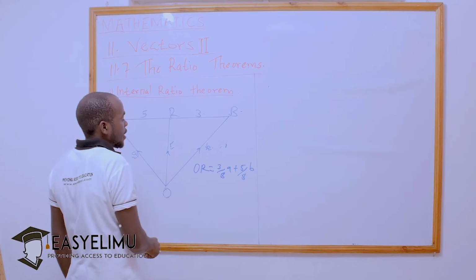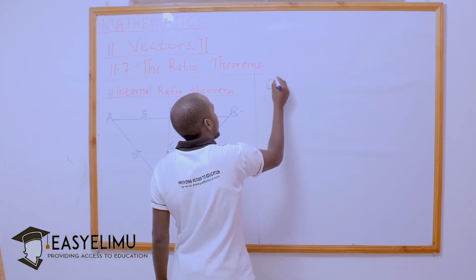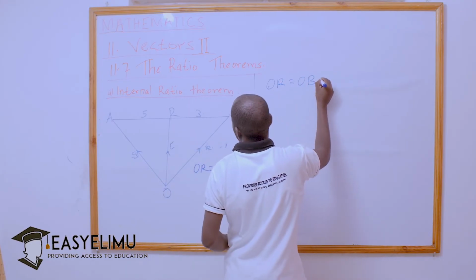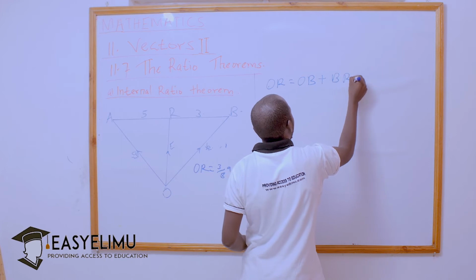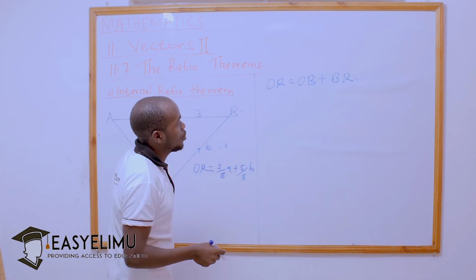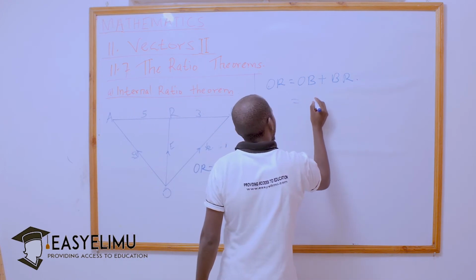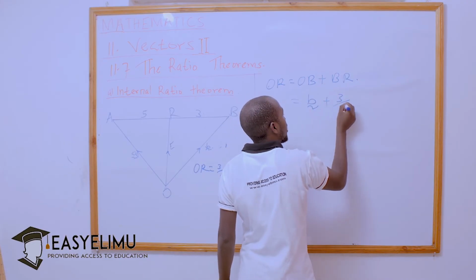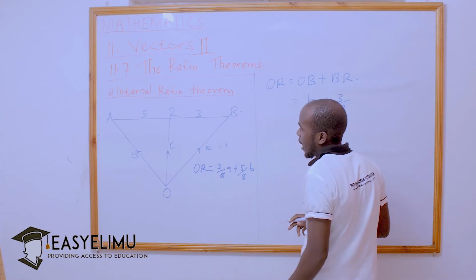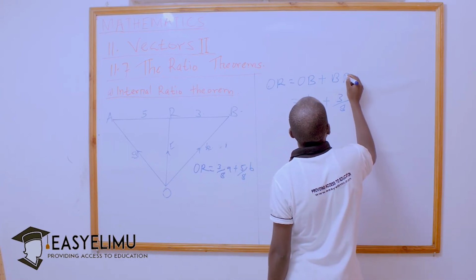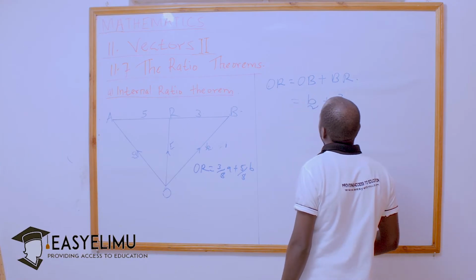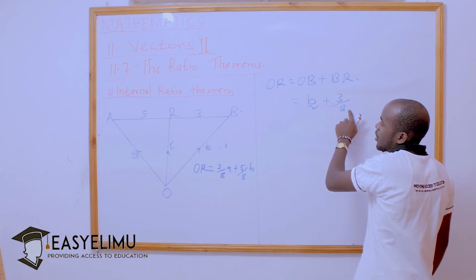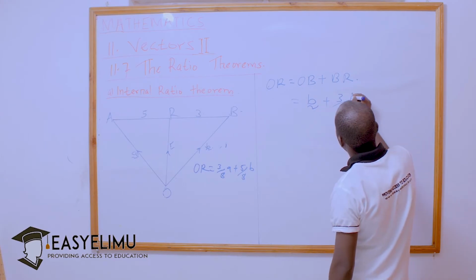So we shall find that using the second method, OR can be found by taking OB plus BR. OB is equal to vector B, plus BR, which is 3 over the total ratio 8 of BA.